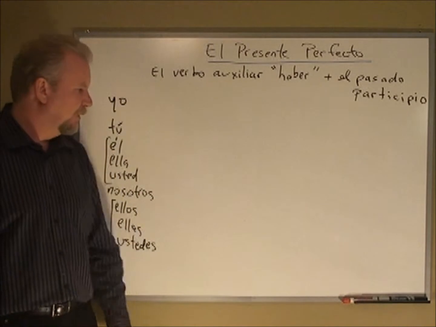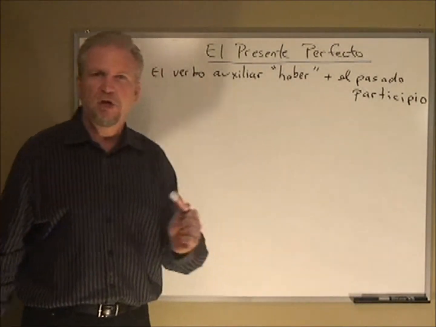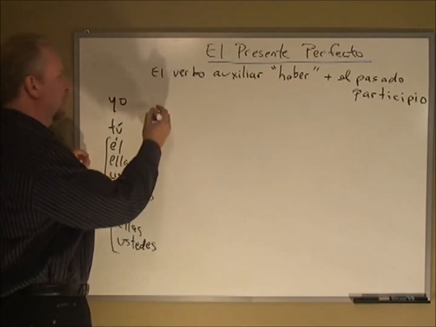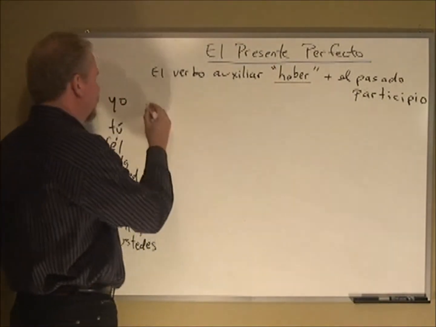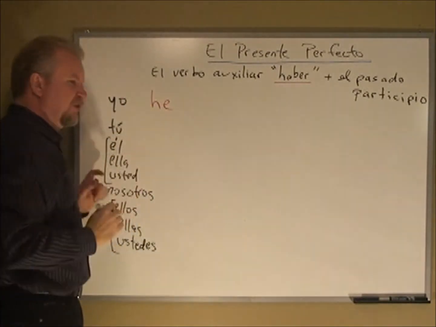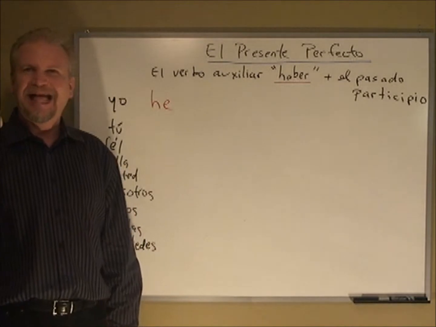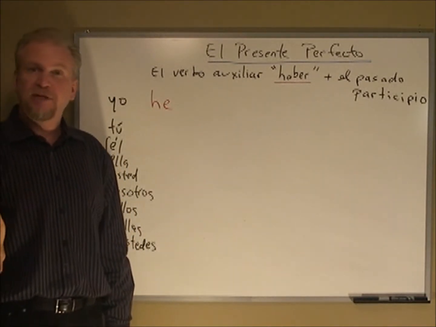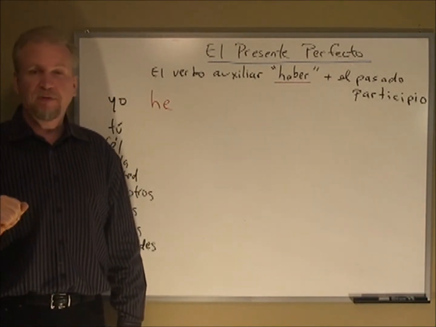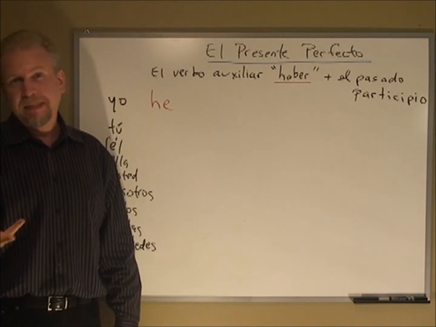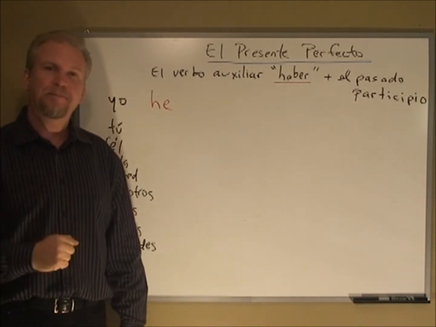Well, that's enough grammar. Let's learn how to conjugate the verb haber. Haber in the yo form is conjugated like a. Remember, the H is silent. We're only really reading the letter, the vowel, a. Yo he, I have.